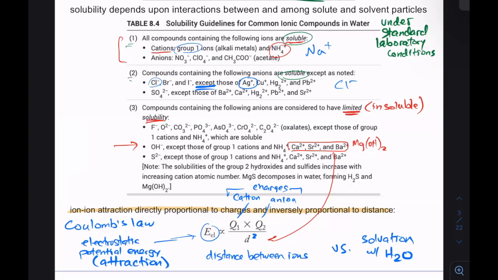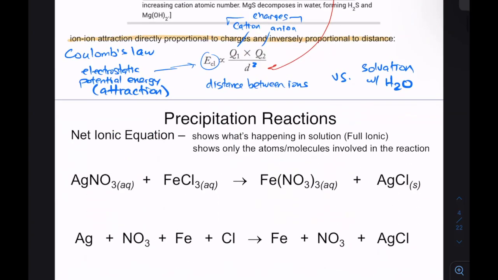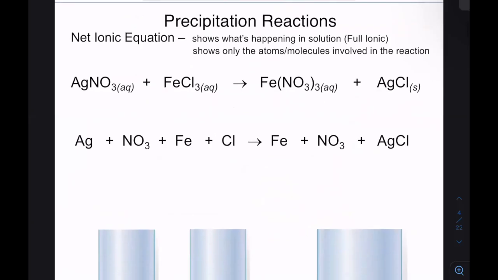All right, so we'll come back to this table as it's relevant. But now I want to show you an example of some of the things that you're going to be doing in lab. We're taking this into the lab now. We're going to be talking about precipitation reactions. That's what happens when you take two things that are soluble, mix them together, and now some solid precipitates out of that because now it's become insoluble.